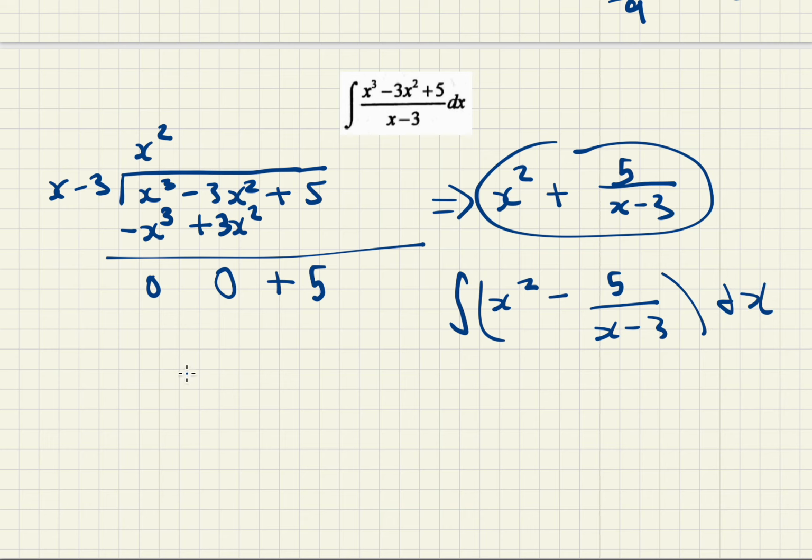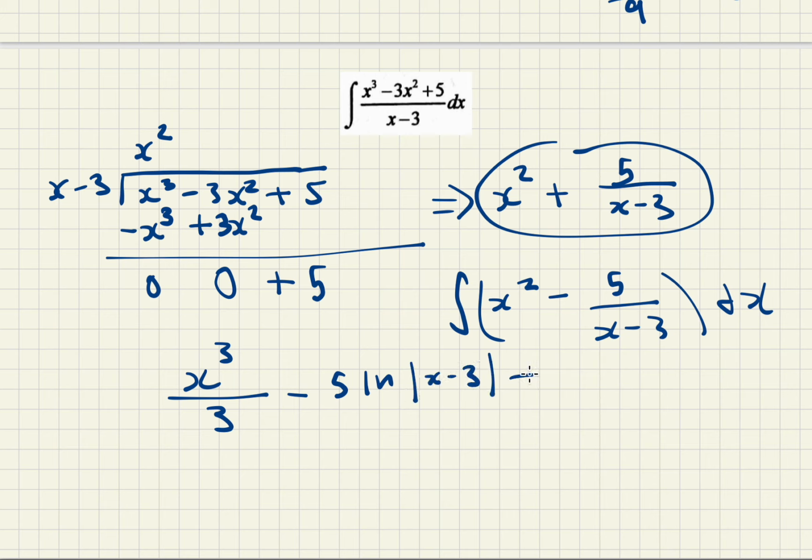So evaluating this, term by term, we get x cubed over 3 plus, and hopefully by now you understand that if you do a u substitution with the denominator being of degree 1 and a constant on top, you get 5 natural log of the denominator, which is x minus 3.